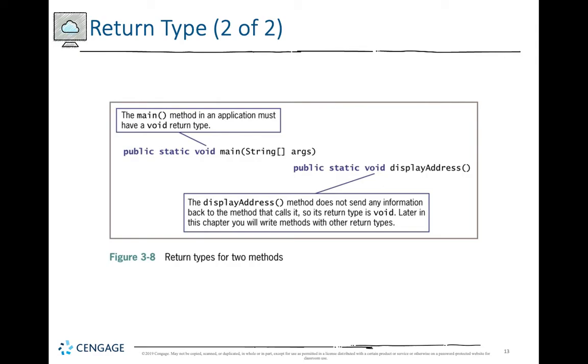Return value in this case only refers to this area that I keep hovering with my mouse. Okay, this is the return value. You can still print things out all day long and it will still be void. But the return type is the area you want to pay attention to.